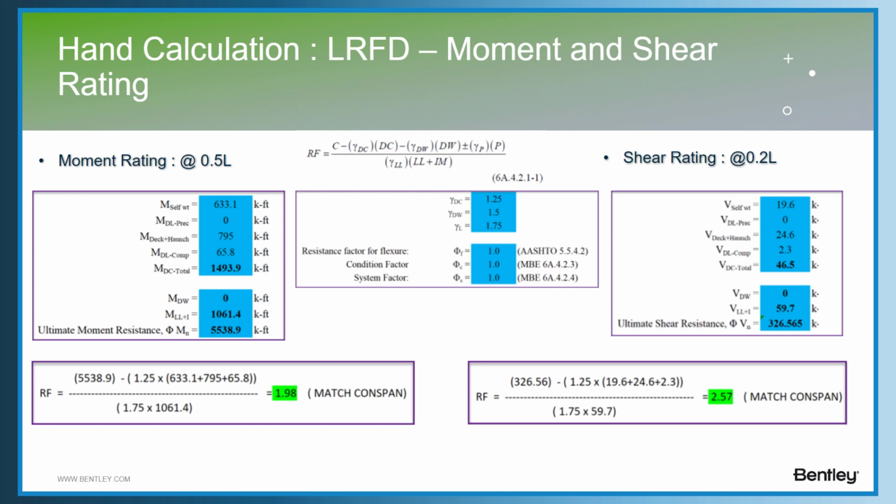The same information is obtained for shear at 0.2L, all obtained from the shear and moment report, plugged into the rating factor equation, and finally the rating factor is calculated. In this case, both values match Conspan. These are the load factors and the resistance factors used in this particular equation.